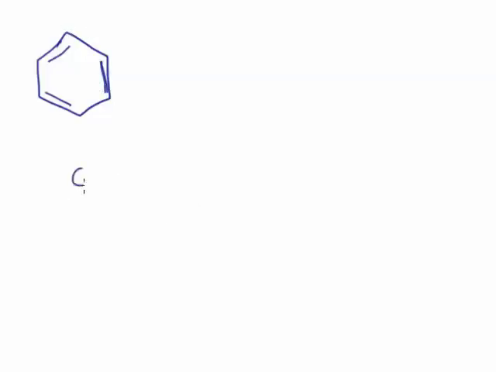We know that each of these lines indicate shared electrons. What we find in aromatics is that these electrons move. So this shared pair can move here, which then means that this carbon now has too many bonds because there's a hydrogen out here.